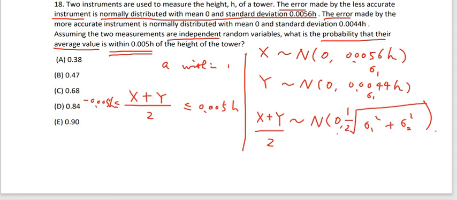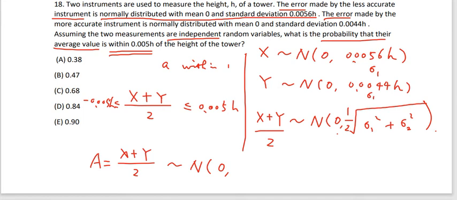So for this problem, we need a little bit of calculation. So X plus Y over 2, we can regard this as a variable A. This A follows a normal distribution with mean 0 and standard deviation: you need to find this square plus this square, then take the square root.